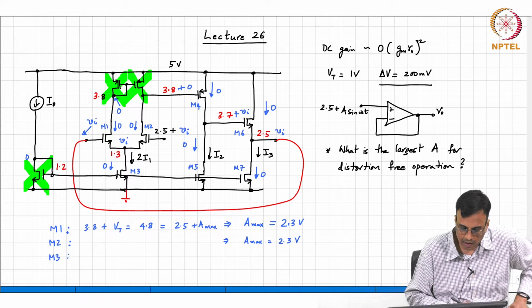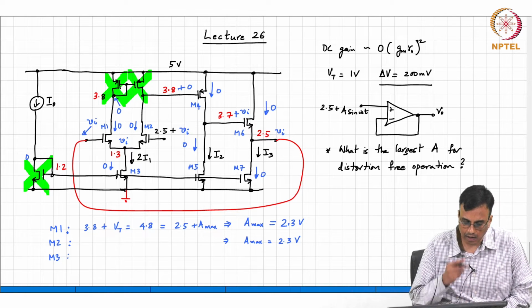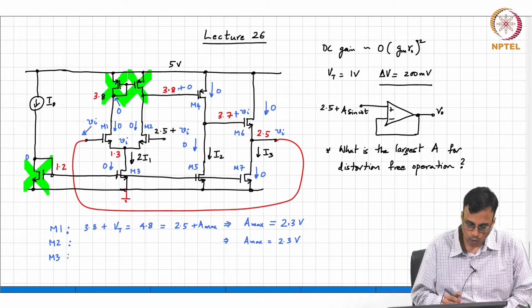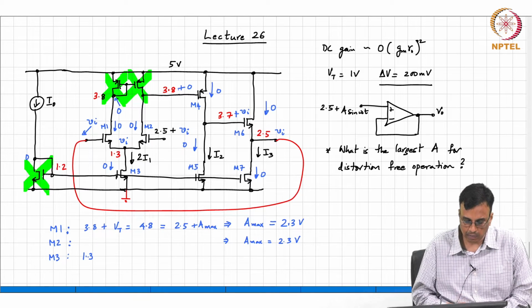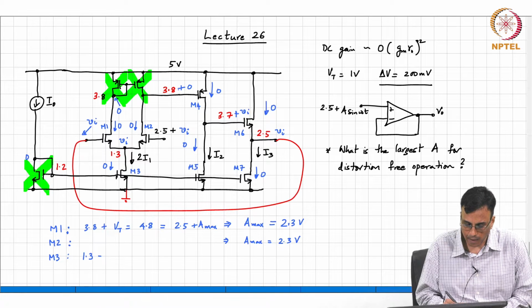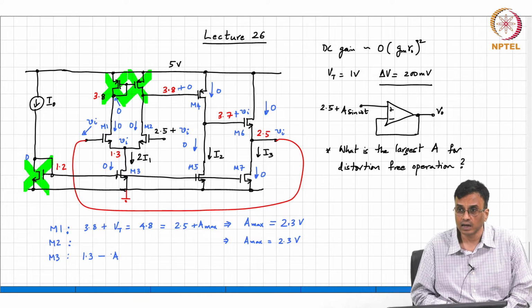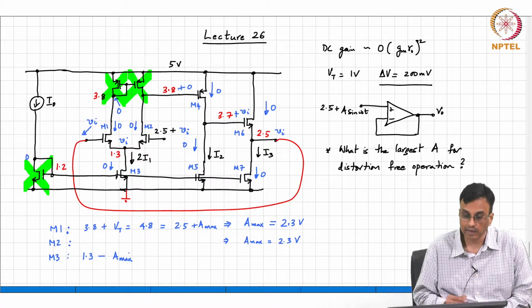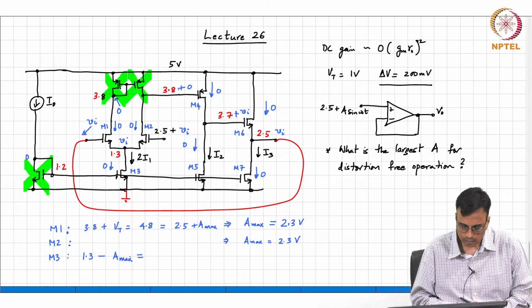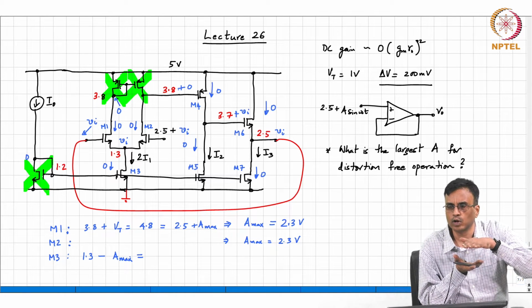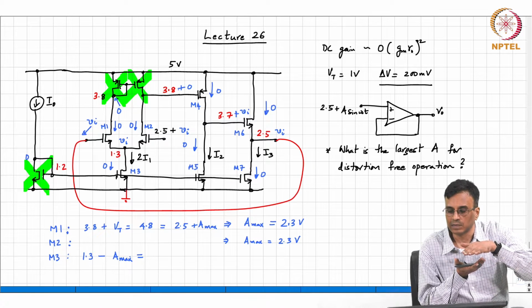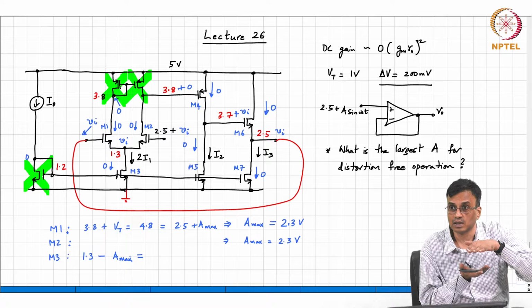So the lowest voltage at the drain of M3 is nothing but 1.3 minus A max, which must be equal to the smallest voltage that you can have between the drain and the source.